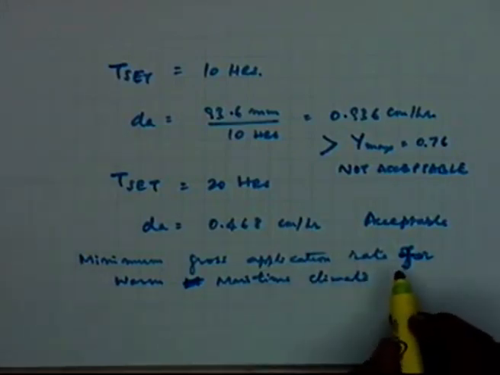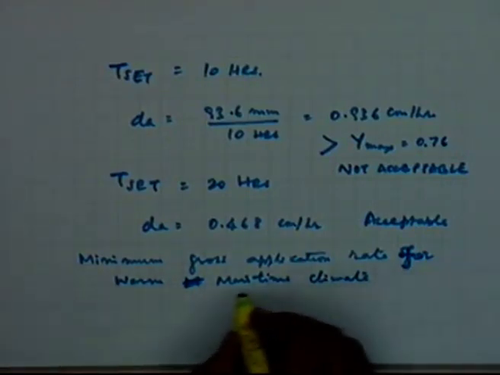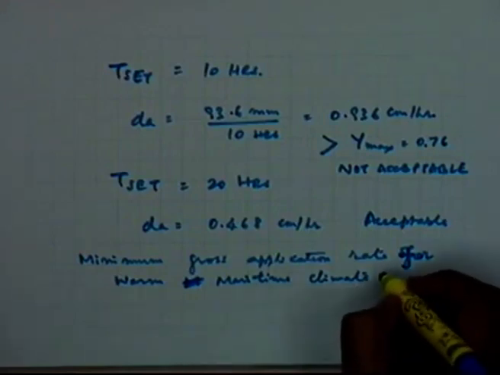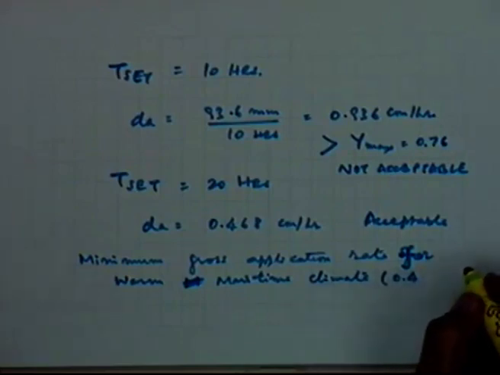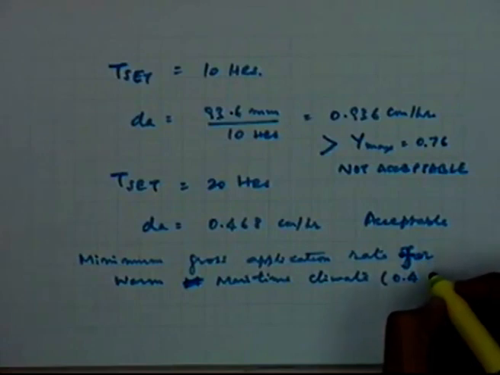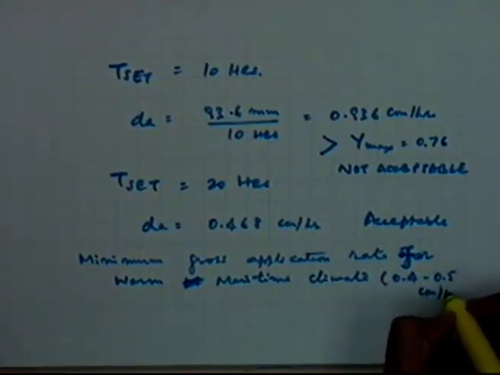We had seen a table where we had given the minimum gross application rates under different climatic conditions, and for the warm maritime conditions, if you look back, you will find that the minimum gross application rate can vary between 0.4 to 0.5 centimeters per hour.